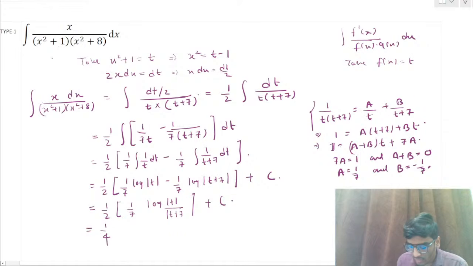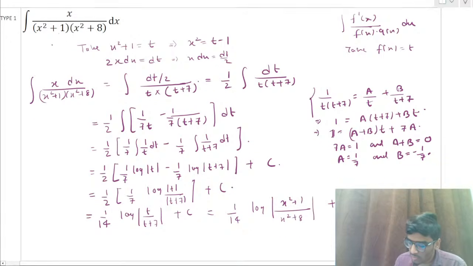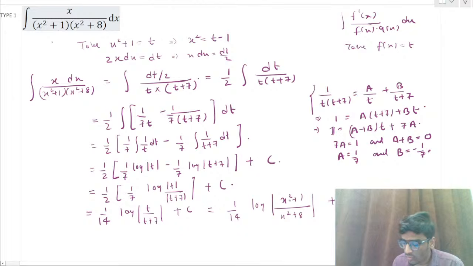Now we multiply, and this becomes 1 by 14 log of t upon t plus 7 plus c. Now what have we taken t as? We have taken t as x square plus 1. So this will be equal to 1 upon 14 log of (x square plus 1) upon this t plus 7, which becomes x square plus 8, plus c.